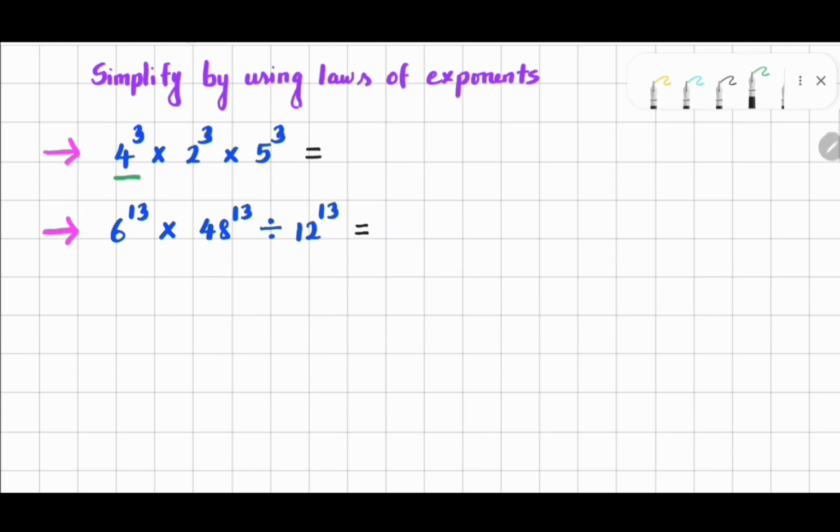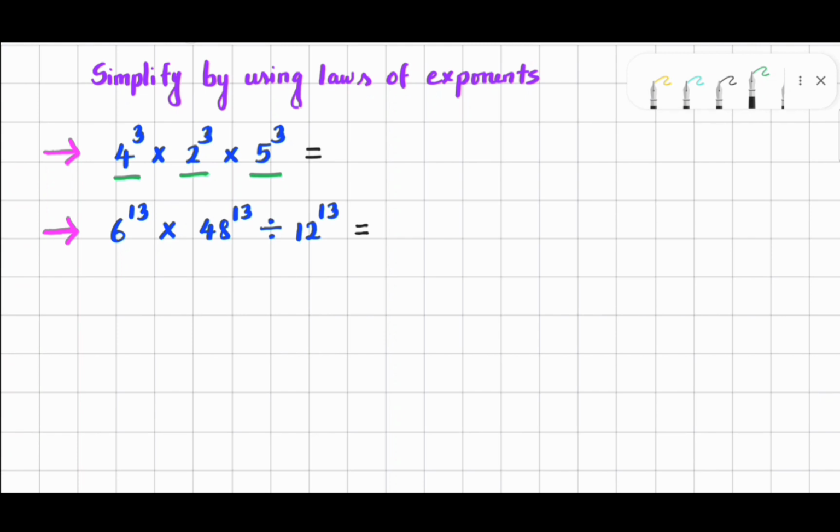You may have noticed that there are a total of 3 numbers with different base and same powers. But we have learned for 2 numbers, right? So what? We could extend the rule. That's the beauty of mathematics. We just saw the rule a while back. When we were multiplying 2 numbers with different bases but same powers, we could simply multiply the bases and place the same power.